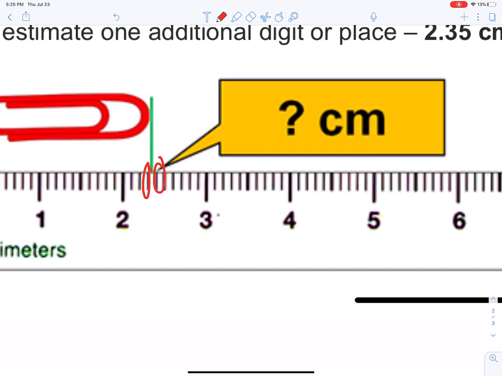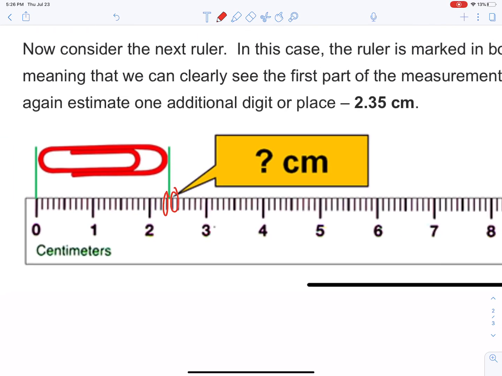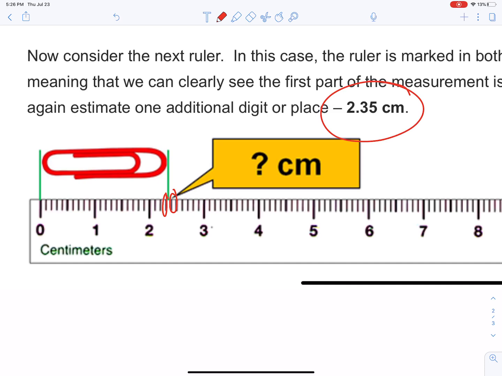But when we write our measurements, we always write one uncertain digit, right? And so you're not allowed to just stop at 2.3 or 2.4 even, right? You have to say, okay, what's the uncertain digit that goes between those, right? And so you might say 2.35 or 2.34 or something like that, as it says here.